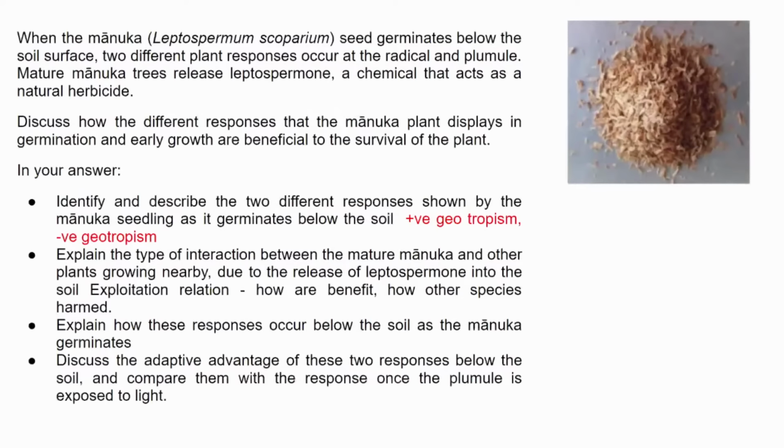It wants to be able to orientate itself quickly so that it can break through the surface of the soil and start photosynthesizing. Once it breaks through the surface of the soil, then light becomes the major stimuli, and positive phototropism will kick into action as it grows towards that light source. So it's just a measure to, I guess, get it to where it needs to go quickly.